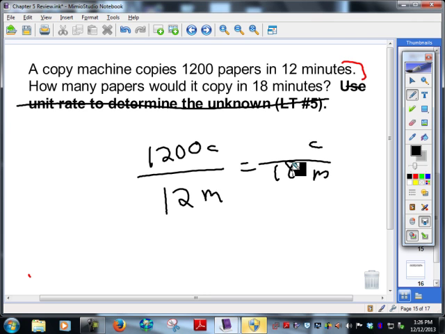An unknown, guys, is just something we don't know. In this case, the unknown is how many papers it would copy in 18 minutes. That's what we don't know. You can't do it like this since it says learning target 5.